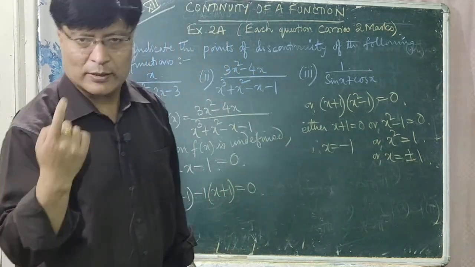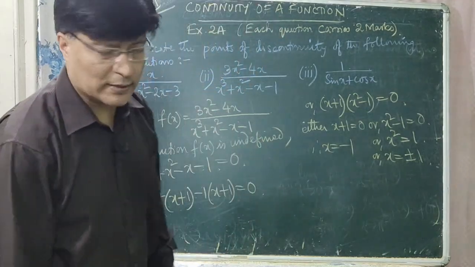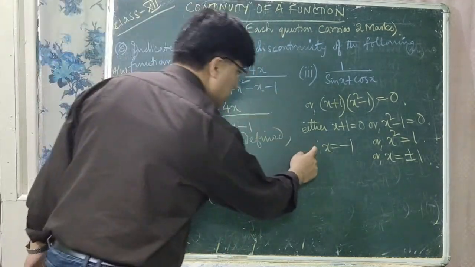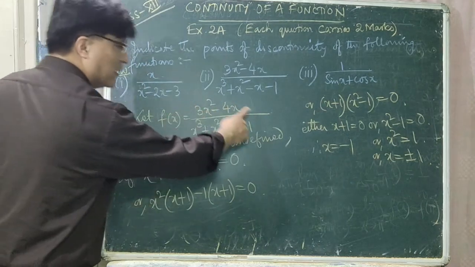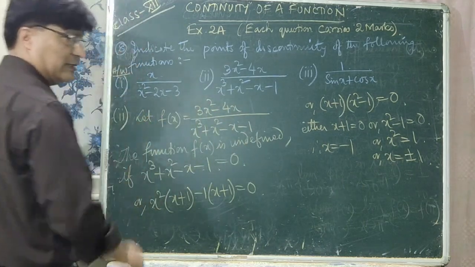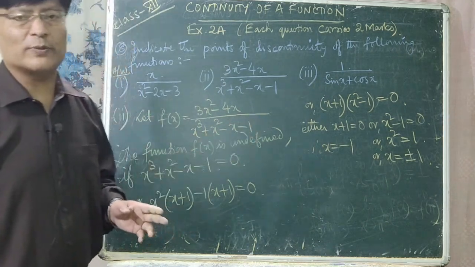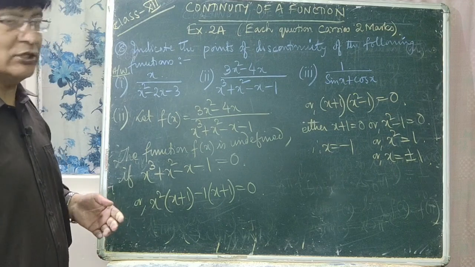So here we have got x is equal to minus 1, and this is also minus 1. So minus 1 is one of the points of discontinuity. What is the other point of discontinuity? That is plus 1, because if you put x is equal to minus 1 and x is equal to plus 1 here, this function f of x is undefined. Okay. So x is equal to minus 1 and x is equal to plus 1 are the points of discontinuity.